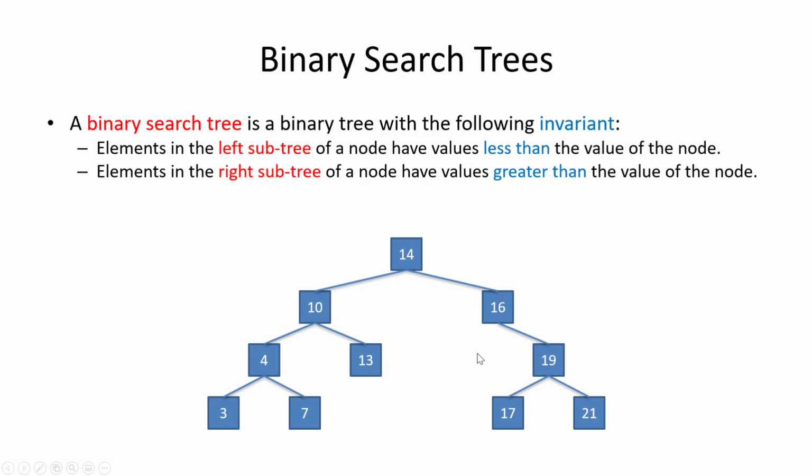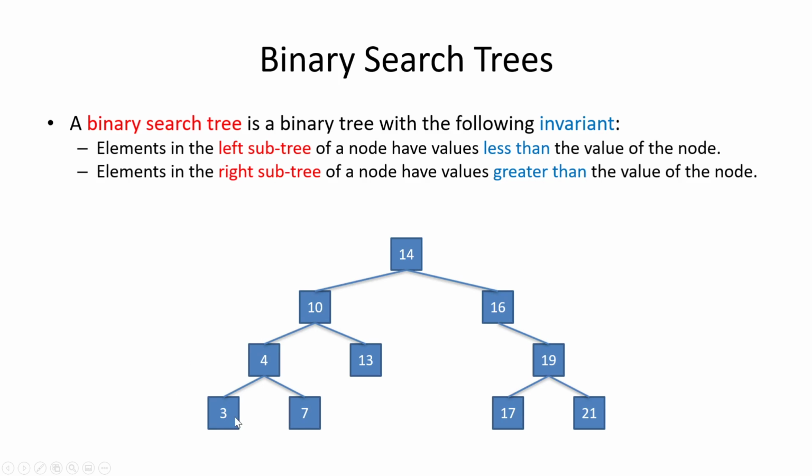Say 13 was over here, and we might have to swap it over, and that would be a case where we would move it to where it actually belongs. And so we'll take a look at some of those operations when they come up. But for the most part, if you actually perform your binary search tree operations properly, you should be adding a node where it belongs. We'll see that in a second.